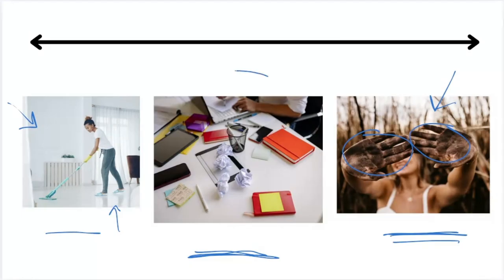In the middle, we have the word messy. Messy can also be unorganized. It is not very clean, but it is also not very dirty. It's messy. This is a mess.